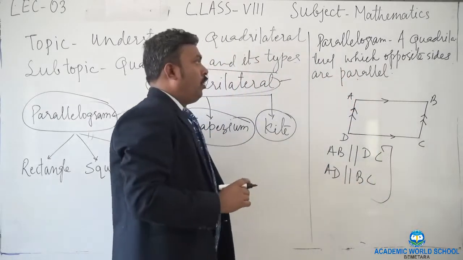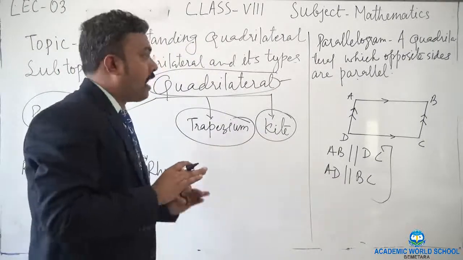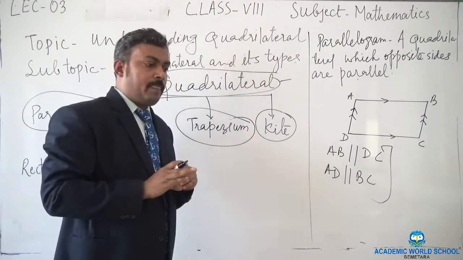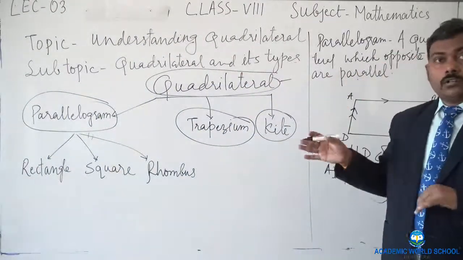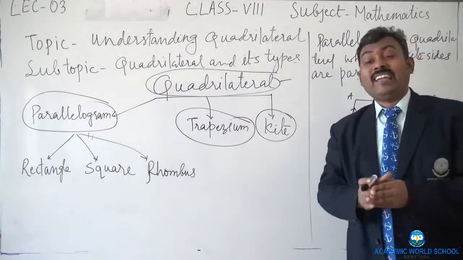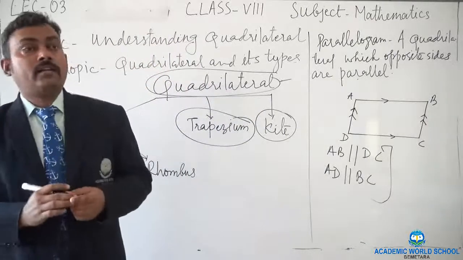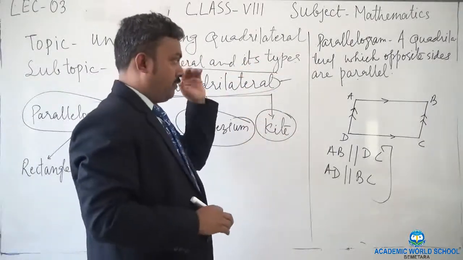Such a quadrilateral is called a parallelogram. There are other properties also, but the basic thing in every parallelogram is that opposite sides are parallel.